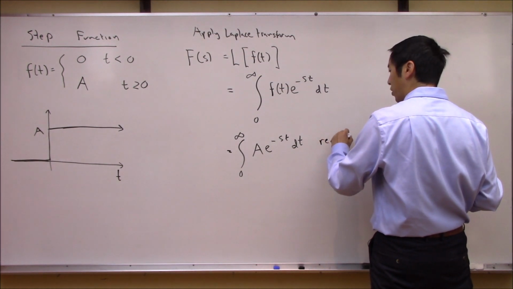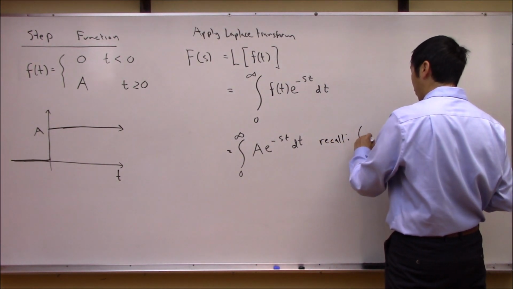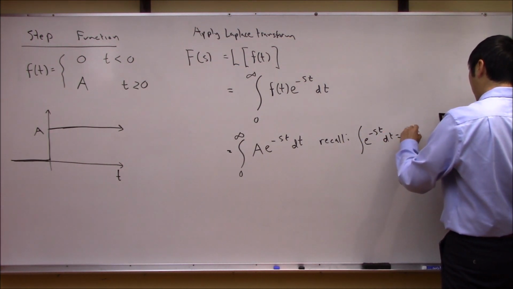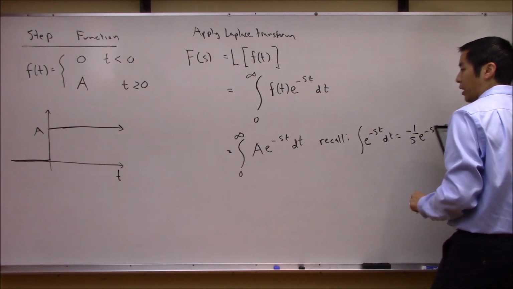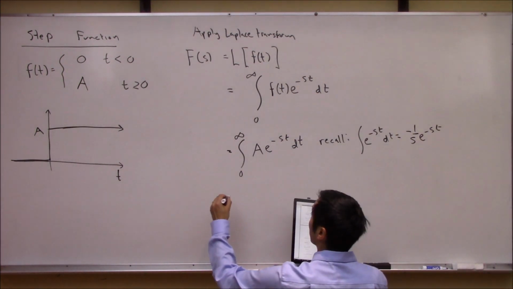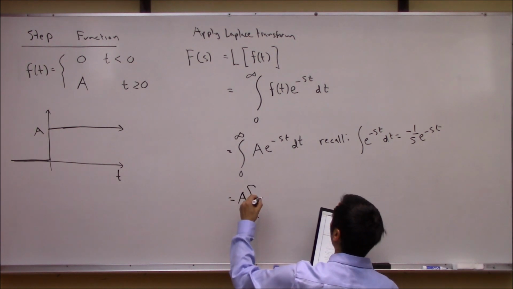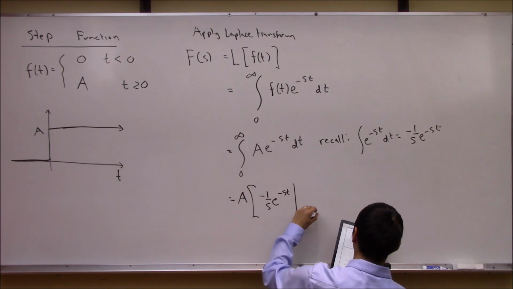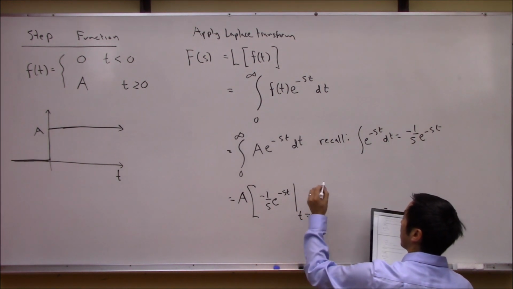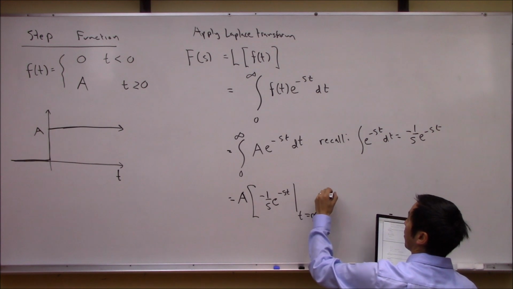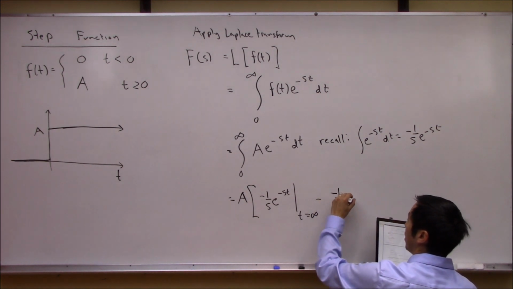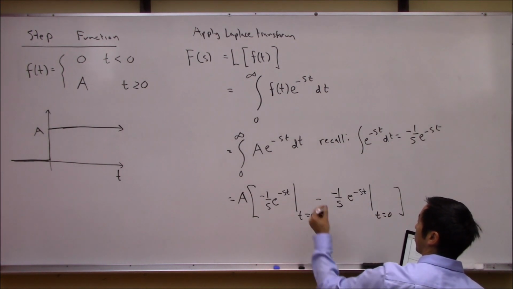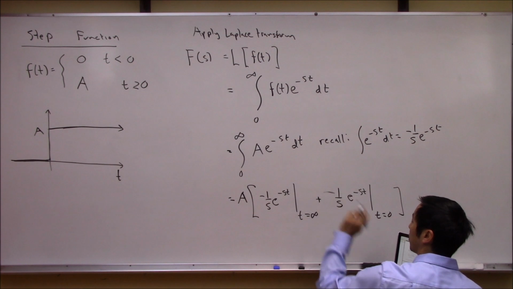Recall that the indefinite integral of e to the minus st dt is negative 1 over s e to the minus st. Evaluating at our two limits, let's pull a out, and we have negative 1 over s e to the minus st evaluated at t equals infinity, minus negative 1 over s e to the minus st evaluated at t equals 0. We can change these double negatives and make that a plus.